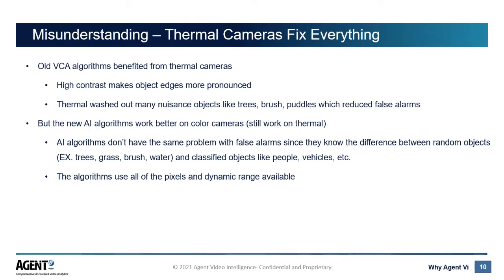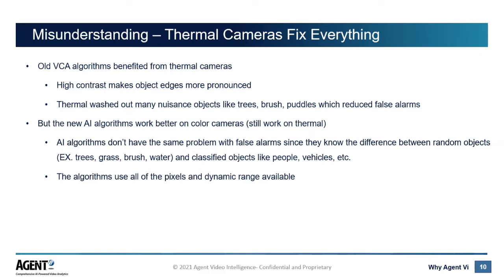Now this one, we're partially guilty on this because we used to always say thermal cameras help with analytics. And the reason is with the old VCA algorithms, oftentimes they did run much better on thermal cameras. But there's a reason for this, and this is why I took the time to explain the difference between VCA and AI.